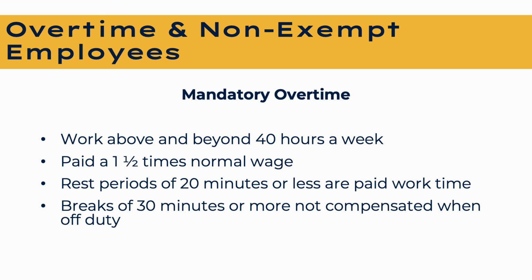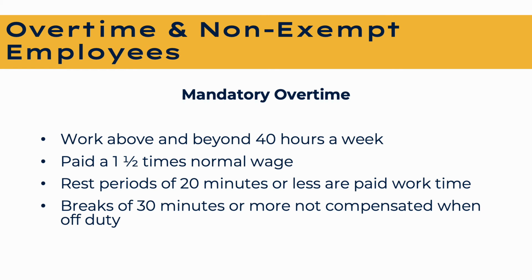As we've outlined, the FLSA defines mandatory overtime as work time above and beyond a 40-hour pre-scheduled work week. A non-exempt employee who works over 40 hours in that week must receive overtime compensation or pay calculated at 1.5 times their normal wage. For the purposes of FLSA, employers that authorize short breaks or rest periods must count them as hours worked.